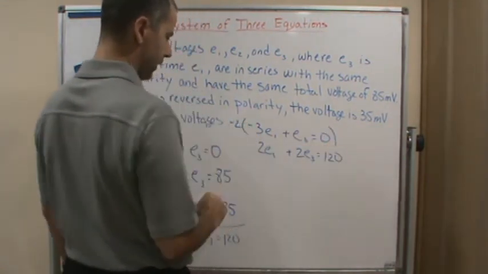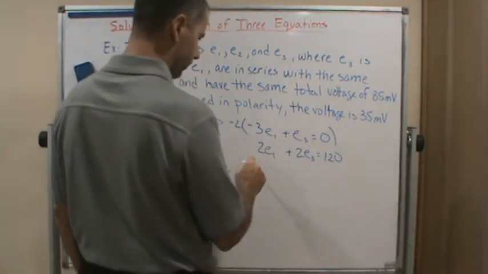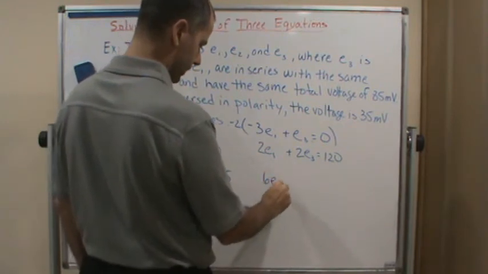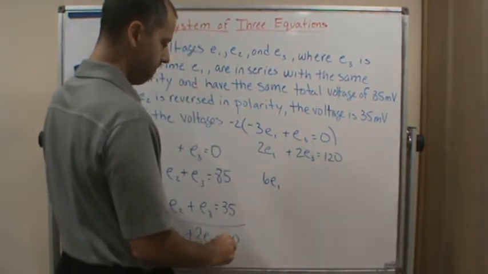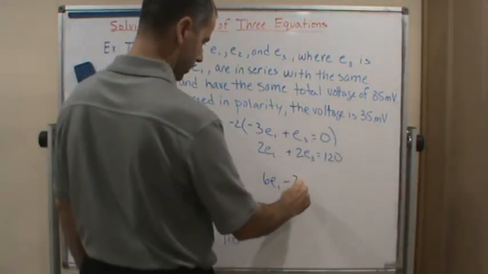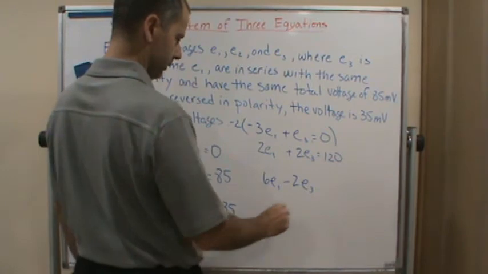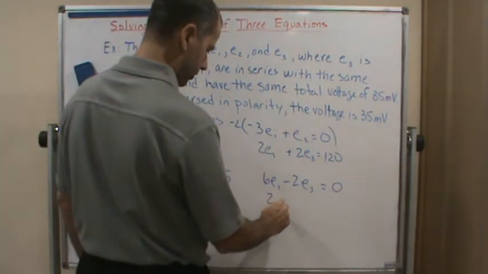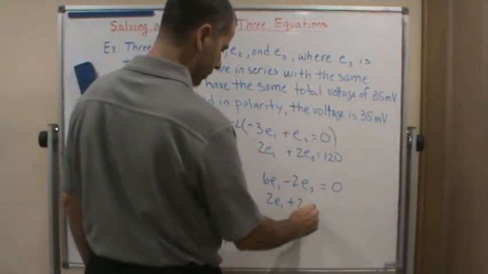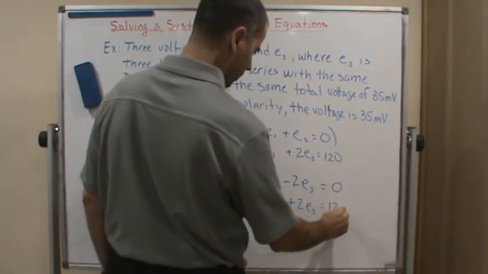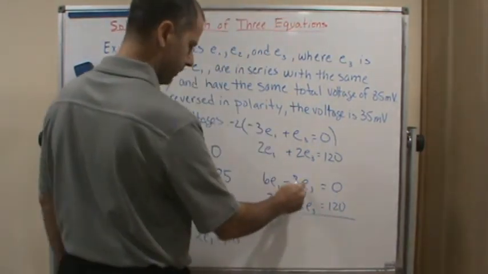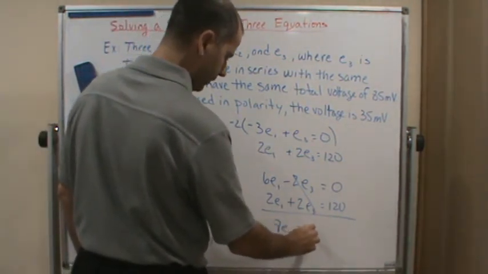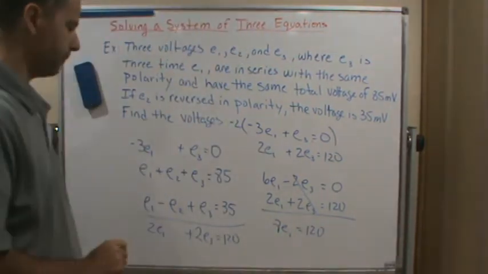So we're going to multiply this by negative 2. And what do we get? Well, let's rewrite them down here. We get 6E1 minus 2E3 equal to 0. And then we get 2E1 plus 2E3 equals 120. Now if we add these, the E3s go away. We get 8E1 equals 120.